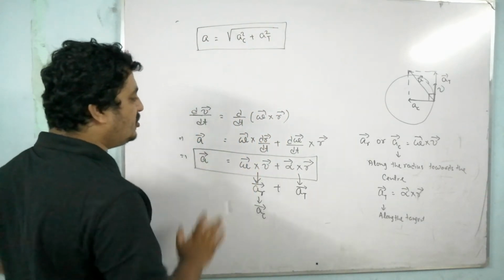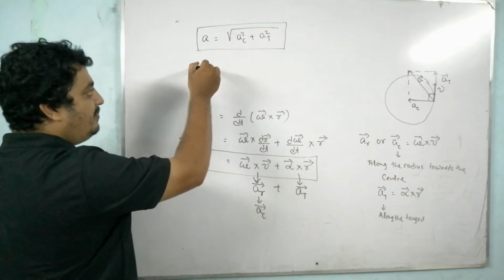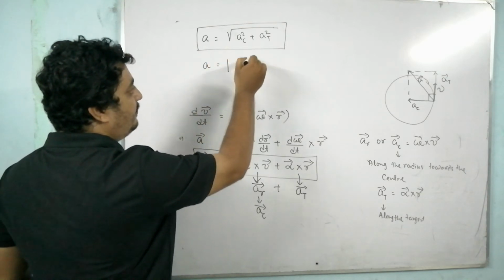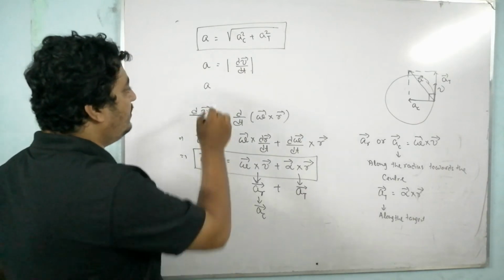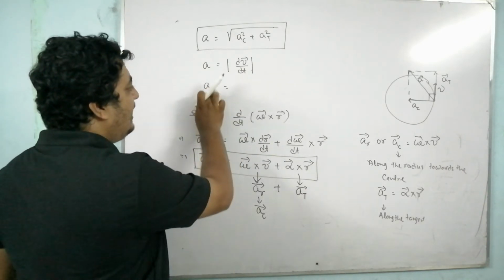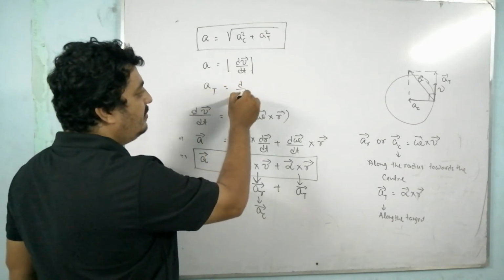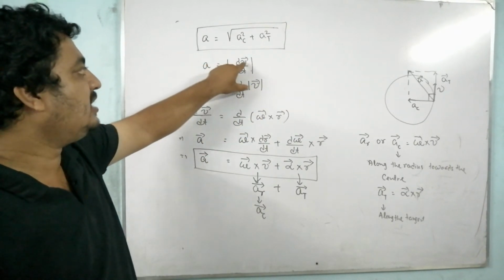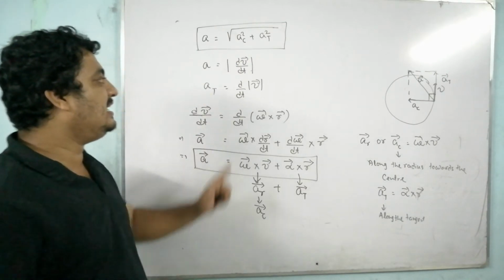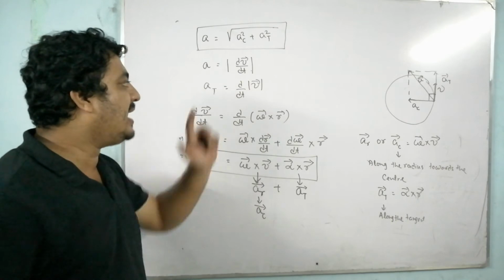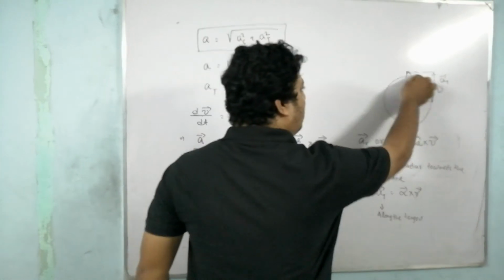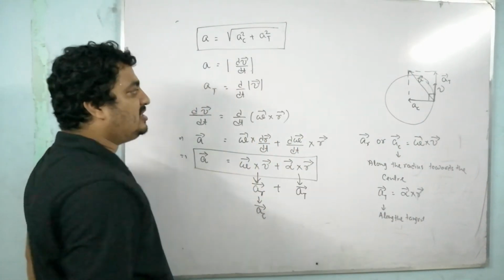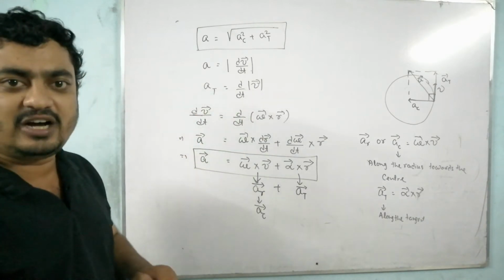Now simply you can observe, if the equation is given, then just remember A equal to modulus of dV by dt, and tangential acceleration AT is equal to derivative of the magnitude of V. Now, if the particle moves at a constant speed, the magnitude of V remains constant, so tangential acceleration becomes 0.